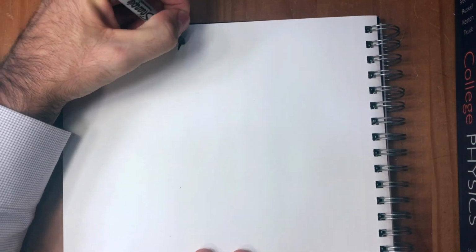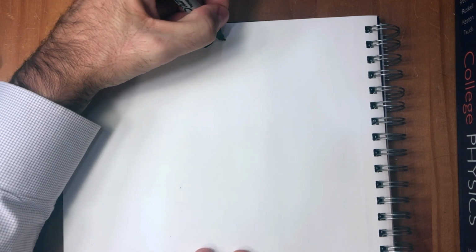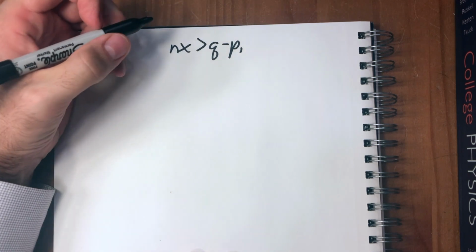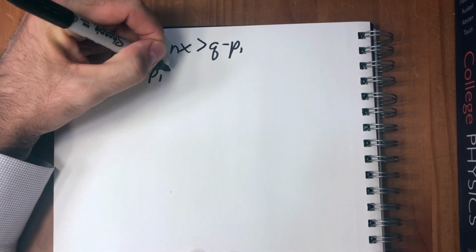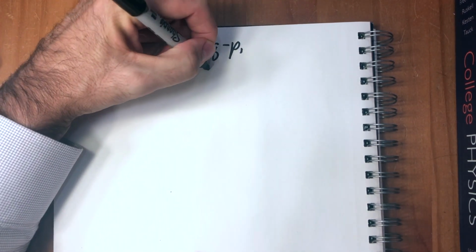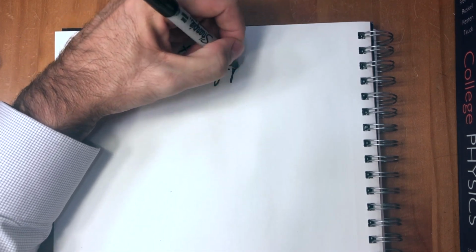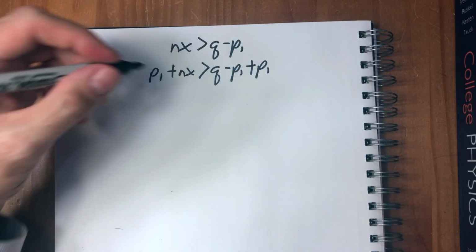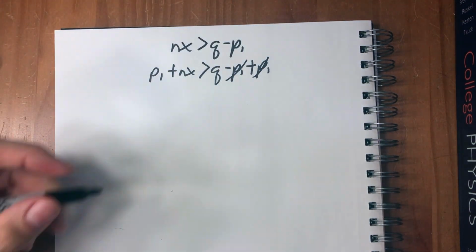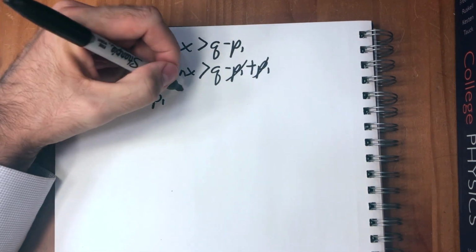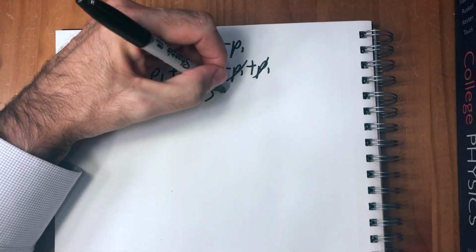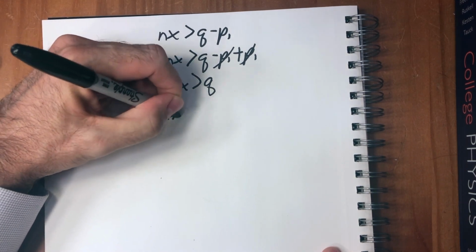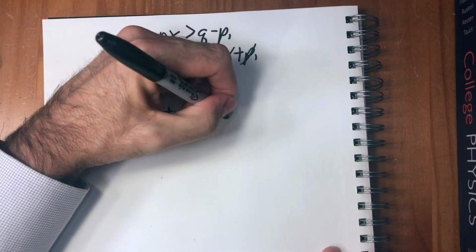So if we start with that, nx is greater than q minus p1, then we add p1 to both sides. We have p1 plus nx is greater than q minus p1 plus p1. And then these cancel. And we have that p1 plus nx is greater than q. And that means that p1 plus nx is also not in alpha.